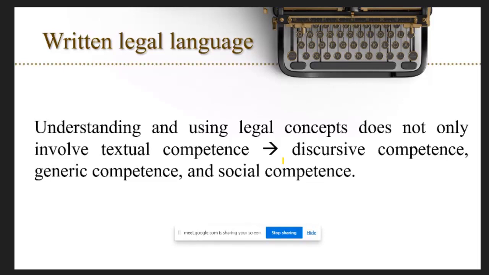These are the competences that a teacher might want to take into consideration when teaching law students legal writing.